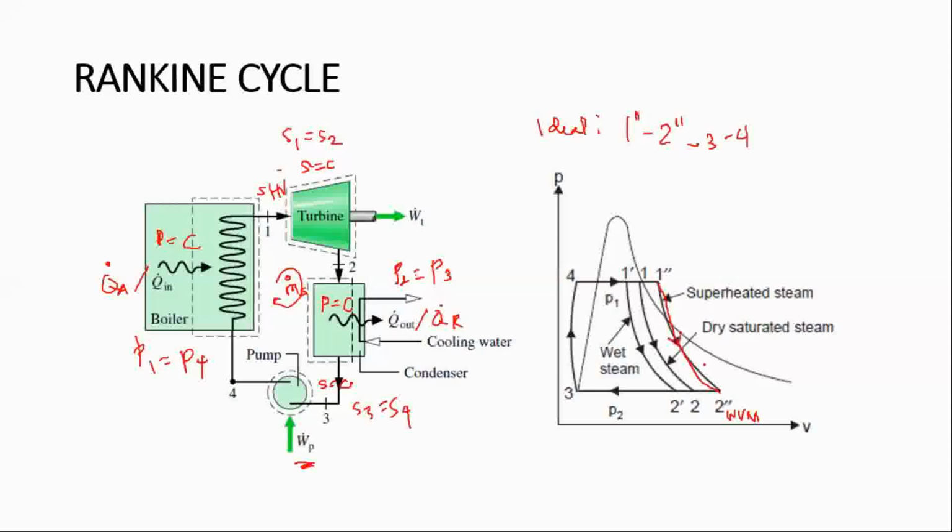At 1 to 2, magkakaroon ng work ng turbina. Then, from 2 to 3, ito yung dadaan na sa condenser, magkakaroon dito ng heat rejection. Ayan, no? And then automatically, kapag walang sinabi, we can safely assume that at point 3, the steam is saturated liquid, no? And then, upon reversible adiabatic pumping, 3 to 4, okay?